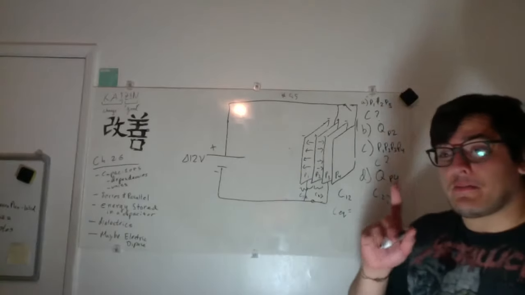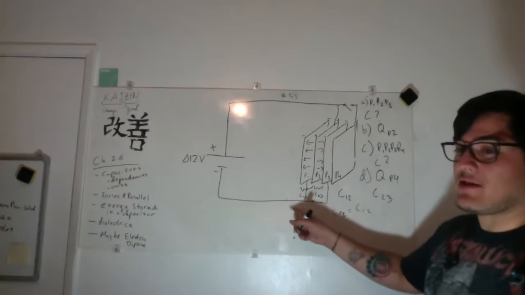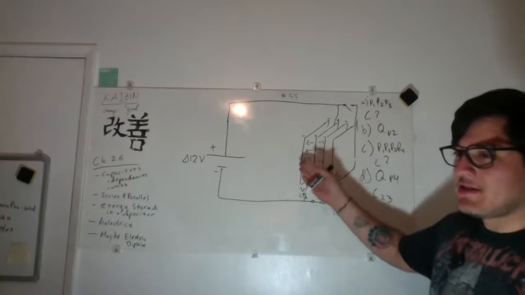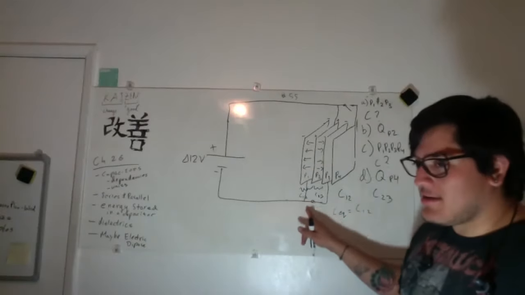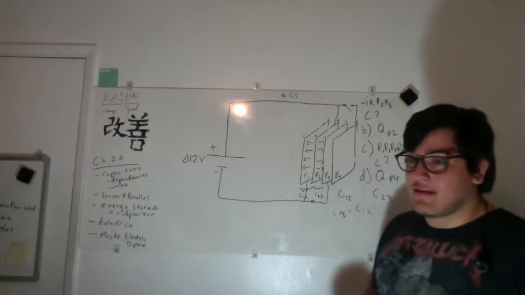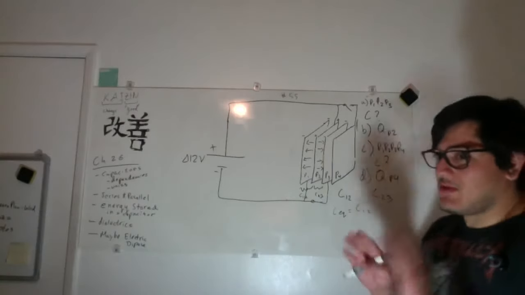They're in parallel because of how they're connected on the wires. They look like they're in series because they're right next to each other. However, looking at the wires and how they're connected, they're in parallel. A little tricky.